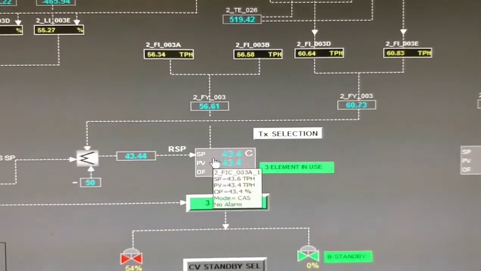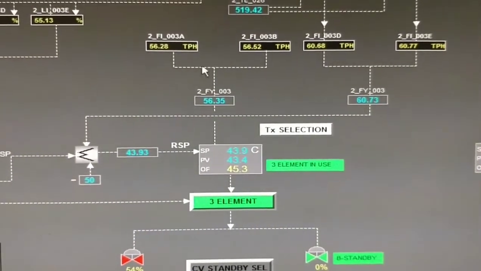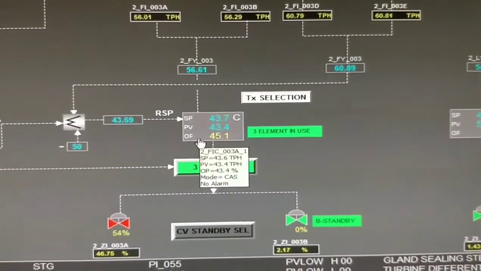According to changes in the remote set point, the process value, which is feed water, will also vary, and accordingly the output also varies.